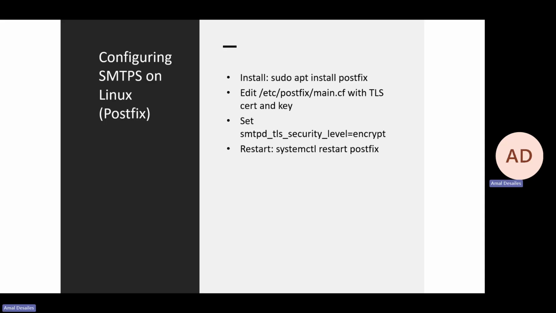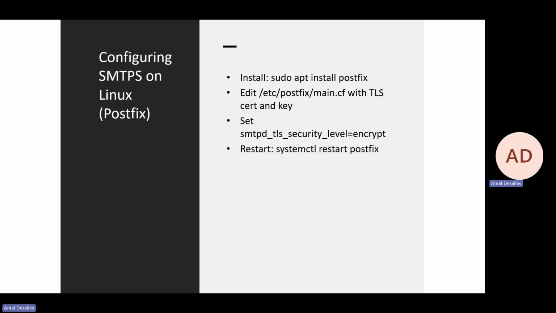In this configuration, set smtpd_tls_security_level equal to encrypt, which forces the encryption. Then finally, you can restart Postfix, so it begins listening on port 465 for the SMTPS connections.